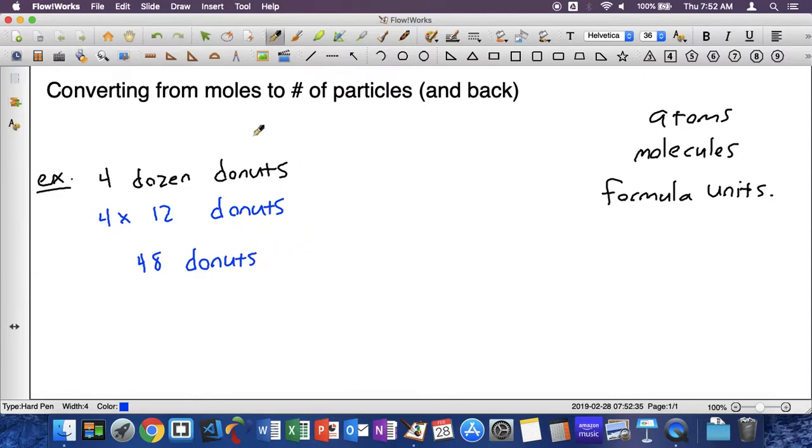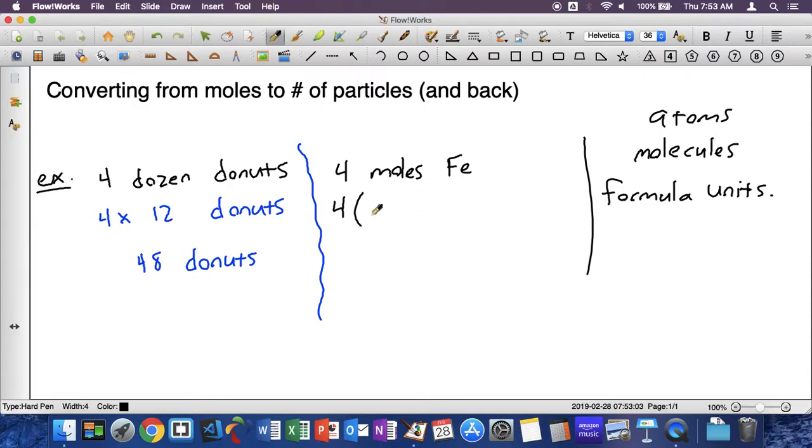Similarly, if we're counting atoms, we would just use moles instead of dozens, because dozens of atoms would be kind of stupid. And if we had 4 moles of, say, iron atoms, then we would do the same sort of thing. We would take 4, but in this case we wouldn't take times 12, because a mole isn't 12.